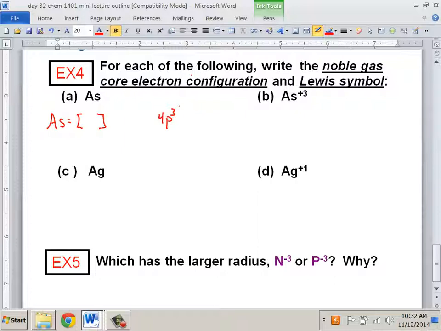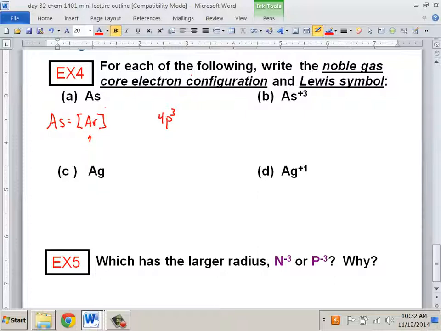Arsenic, you should be ending up with 4p3 in the end, right? Paul, what did you have as your noble gas core there? Ar, all right.